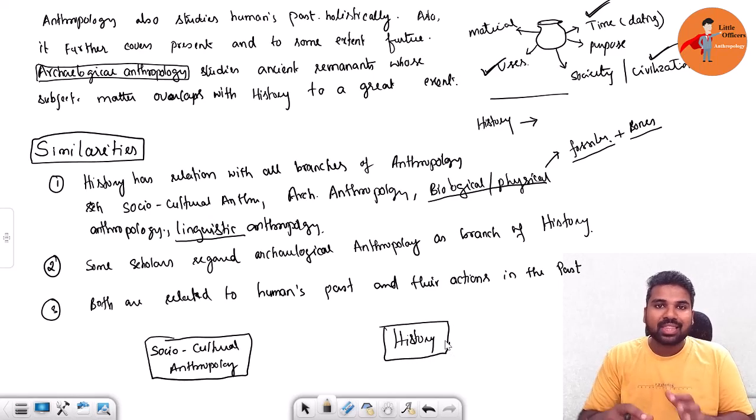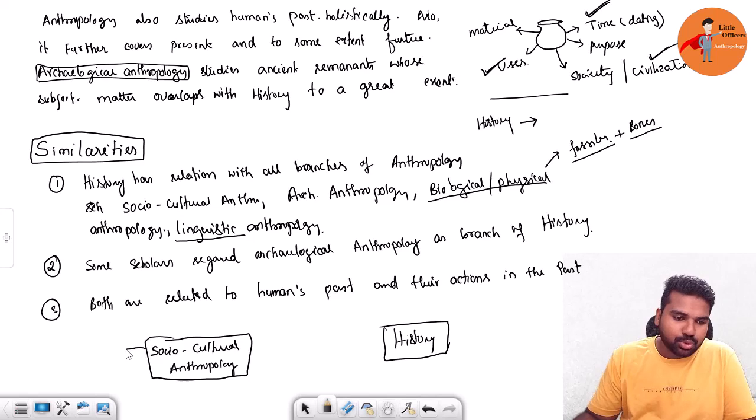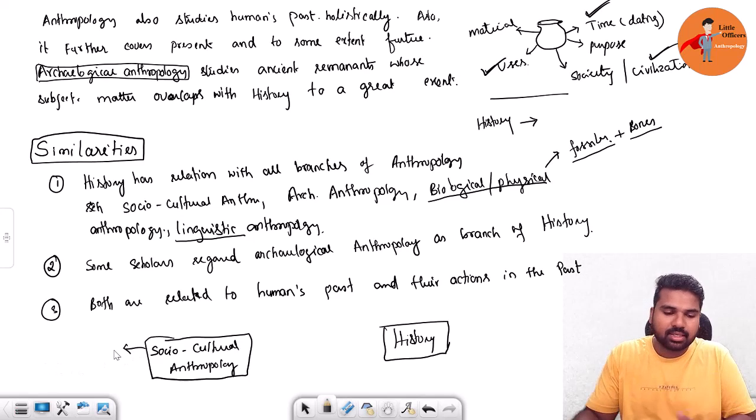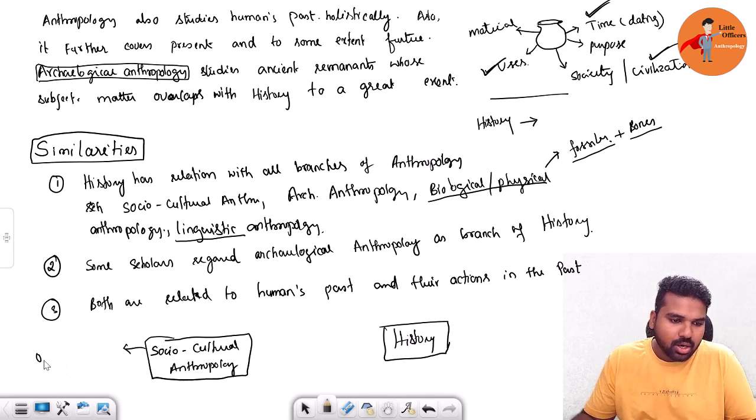So here both of them help each other, you can say. Make the same in your notes. What socio-cultural anthropology focuses on is the origin of societies and cultures, and their variations.